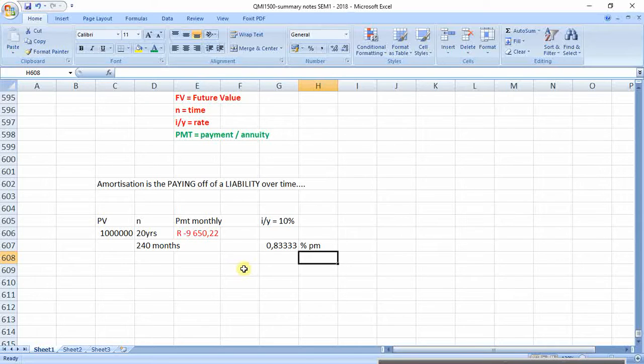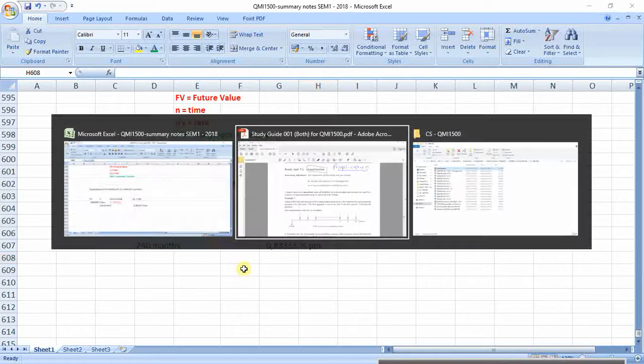I said 0.83333, just four threes, and now I've put the threes like recurring. Exactly. The more 3s you put, the more accurate your answer. Awesome. Easy, hey? It's not that bad. Just need to remember.